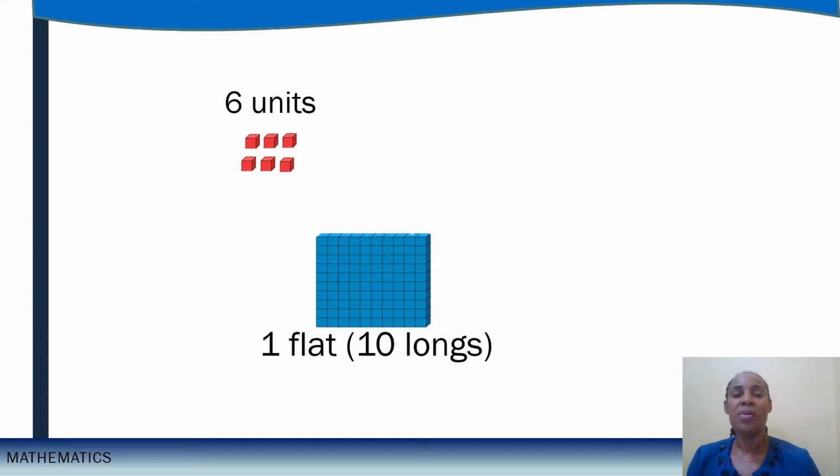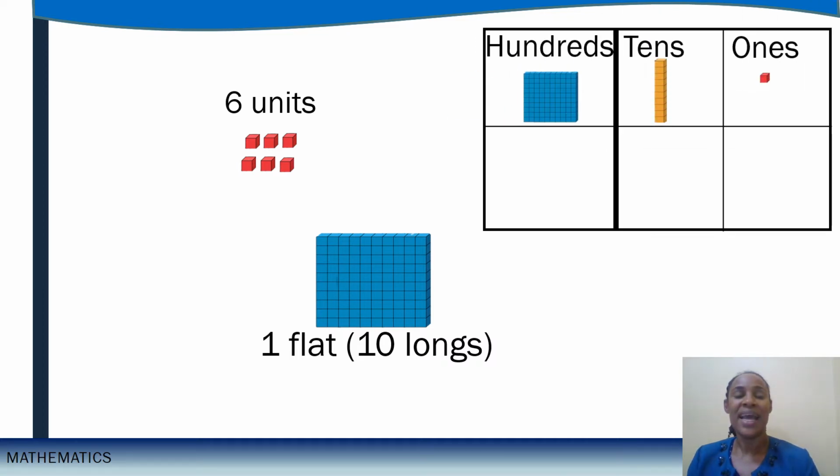We will use our place value mat to help us identify the number. Again, on our place value mat, we have hundreds, tens, and ones. How many units do we have? Yes, we have 6 units. So we will put 6 in the ones place.